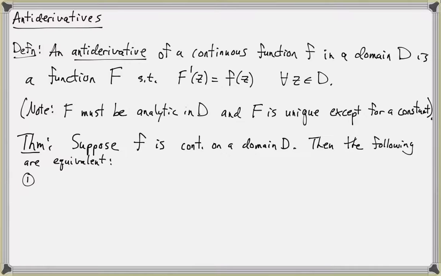First, f of z has an antiderivative capital F of z in D. Statement 2 says that integration of f along a path in D is independent of the path.